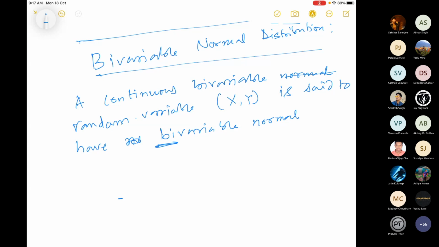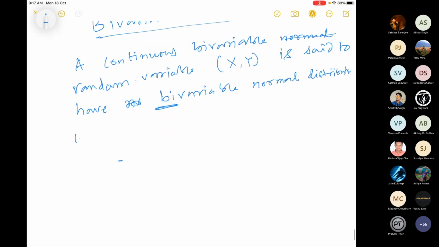A normal distribution if the joint PDF has 4 parameters. Like the standard normal, where you had 2 parameters, mu and sigma, here we have 4 parameters.